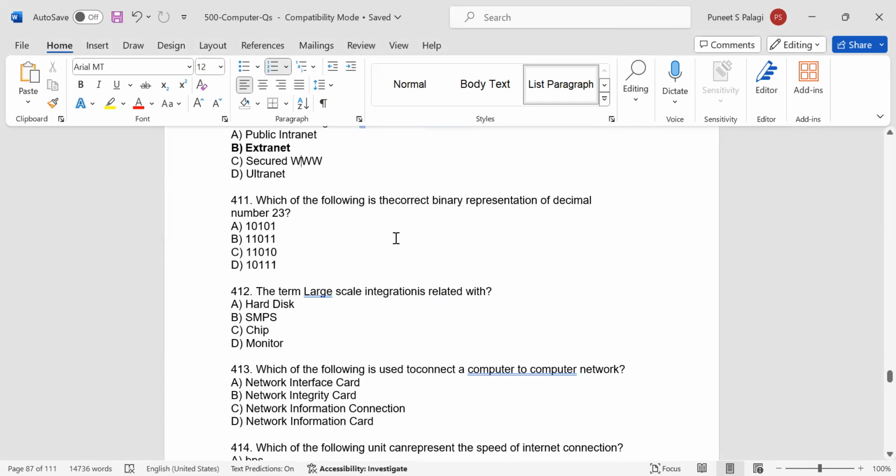Which of the following is the correct binary representation of decimal number 23.